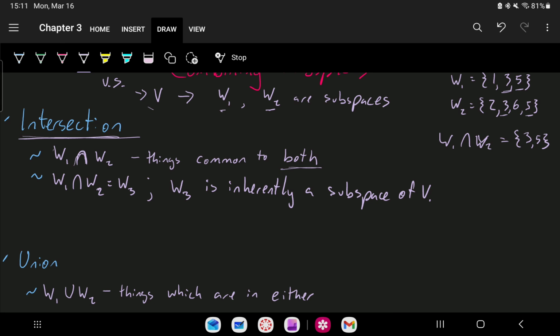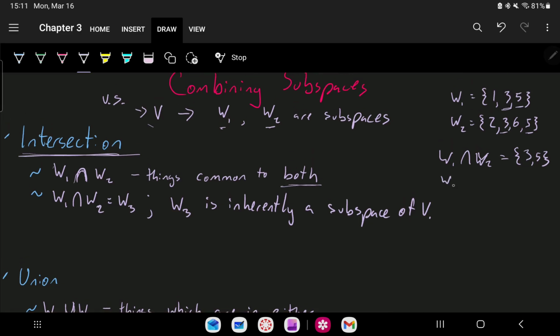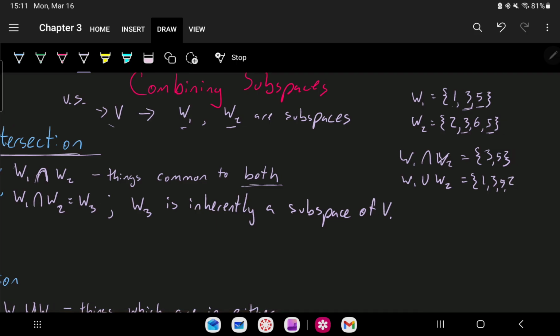However, say we have a union, right? So if you'll remember, the union is going to be this right side up U sort of symbol. That represents things which are in either W1 or W2 with no duplicates, right? So if we're using our other example here, I could say that W1 union W2, well, I'm just going to go straight through. I have 1, 3, 5, and then from the other list we have 2.